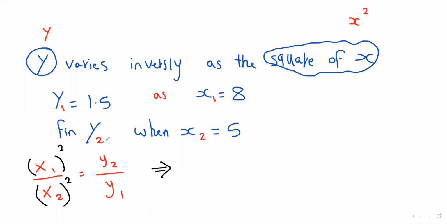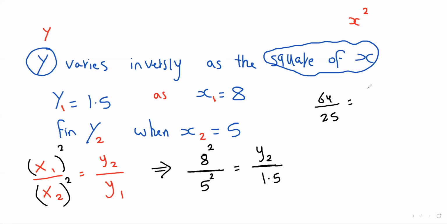So 8 to the power of 2 over 5 to the power of 2 equals y2, which I don't know, over y1. y1 is 1.5. So 8 to the power of 2 is 64 over 25 equals y2 over 1.5.